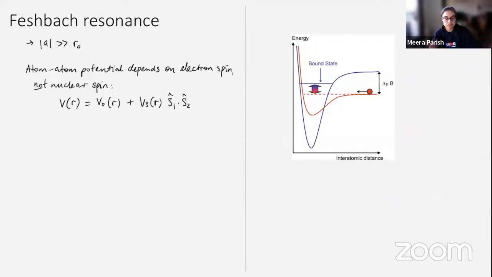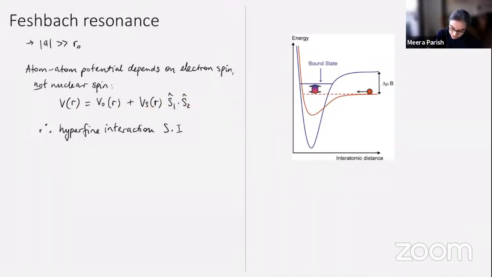There's no nuclear spin. But remember that the free atoms are in well-defined hyperfine states that actually involve the nuclear spin. So the hyperfine interaction, which is a coupling between each electron spin in your atom and the nuclear spin of the atom, can couple these two different potentials.